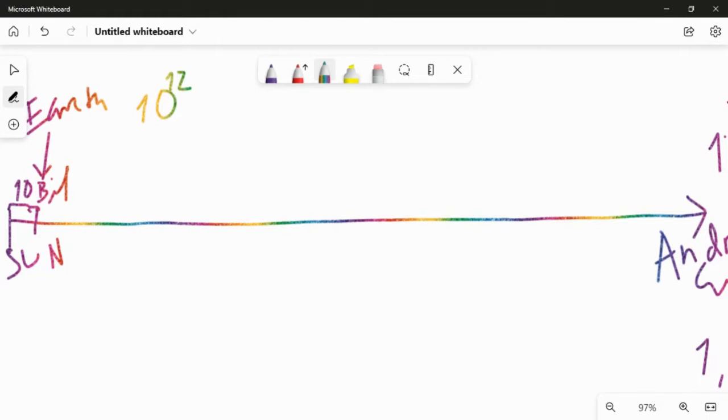So 10 billion to the 12th power is not just 13 zeros times 13 zeros. It's just unfathomable. So how do we express it in a limited space?